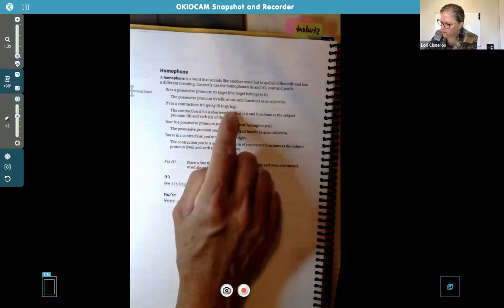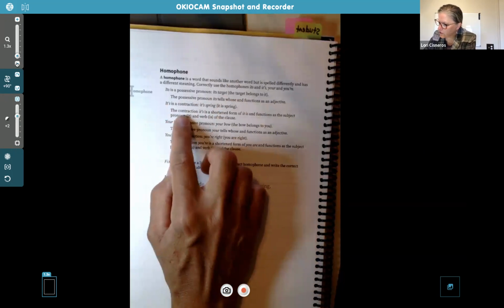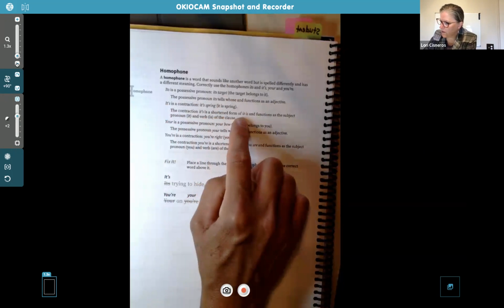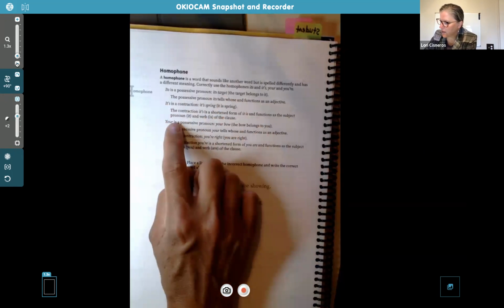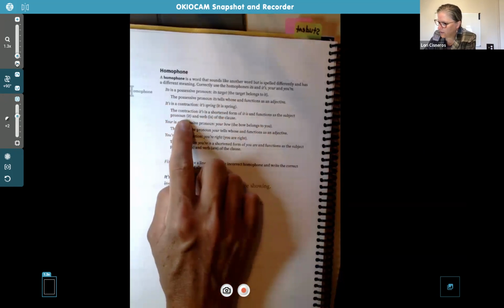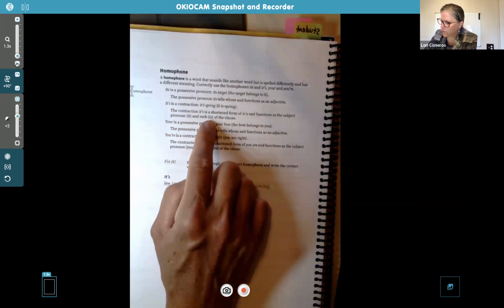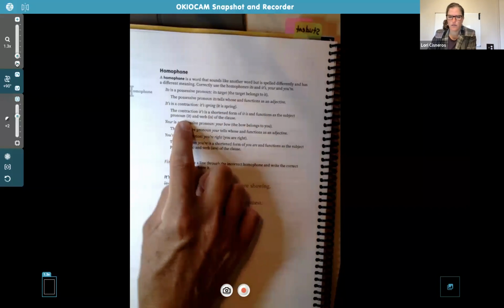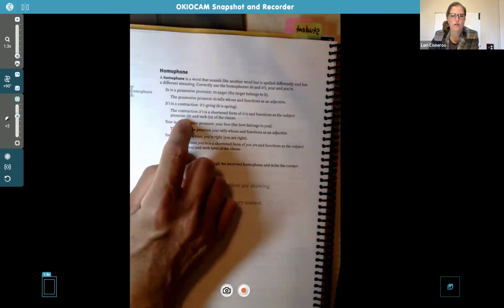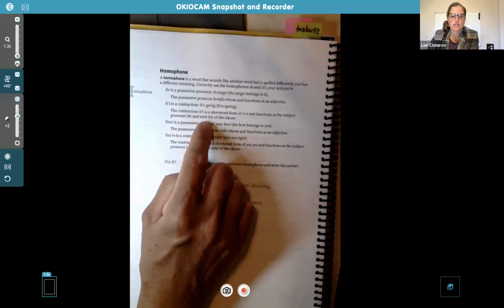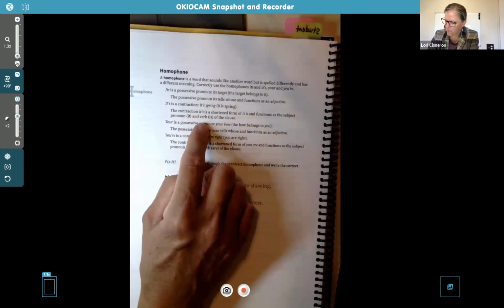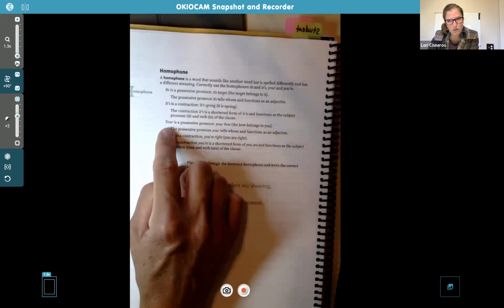It is spring. So the contraction it's is a shortened form of it is and functions as a subject pronoun it and the verb is of the clause. So that's when it gets a little tricky because there's a pronoun and a verb. It's a subject pronoun and a verb because is is a verb.